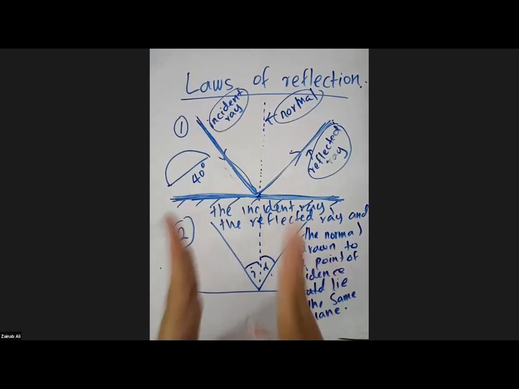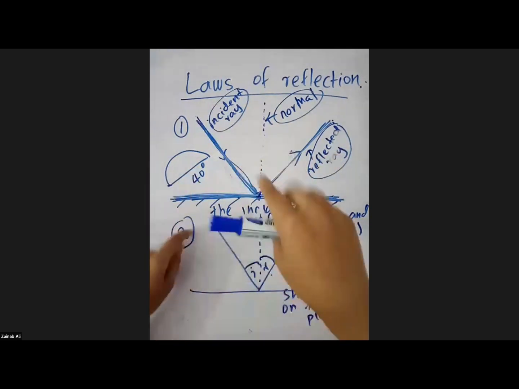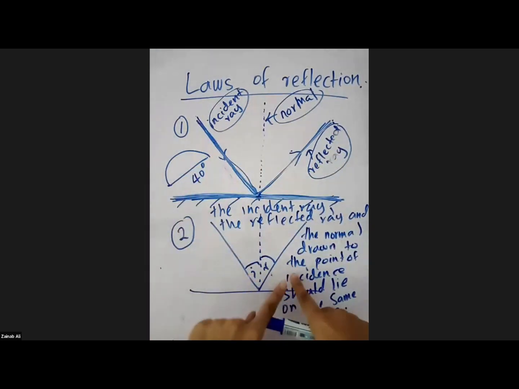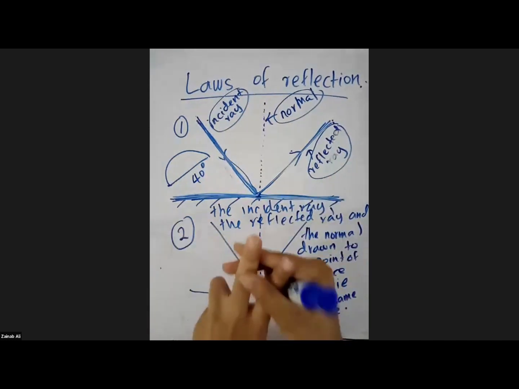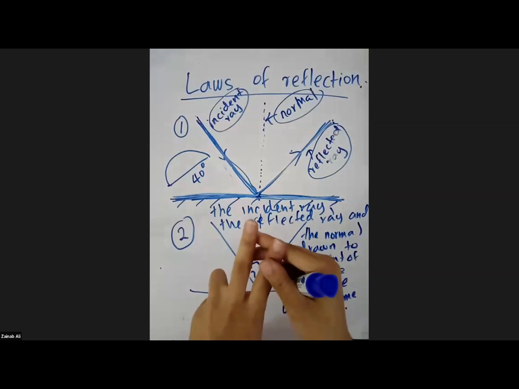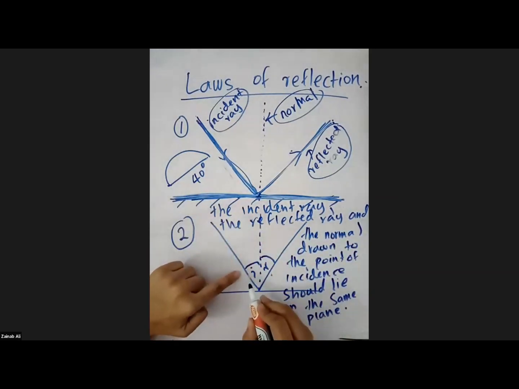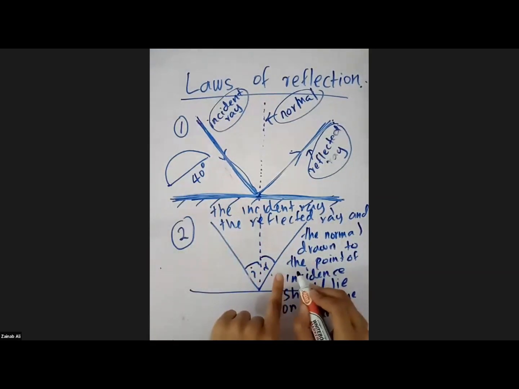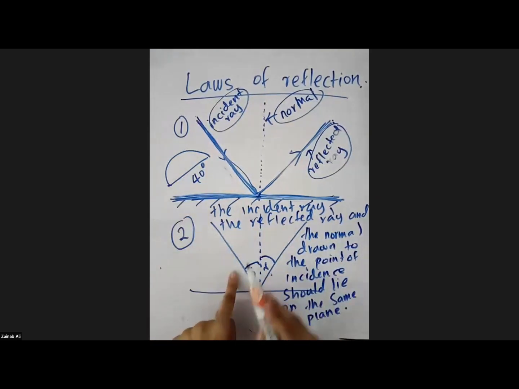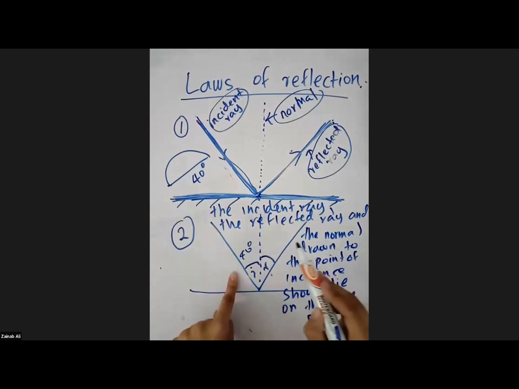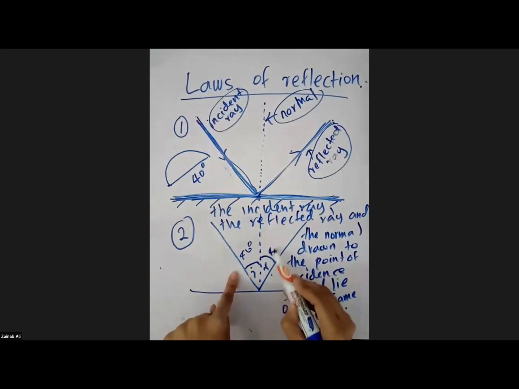I told you, the second law: the angle of incidence and the angle of reflection should be equal. So if the angle of incidence is 40 degrees, the angle of reflection also should be 40.